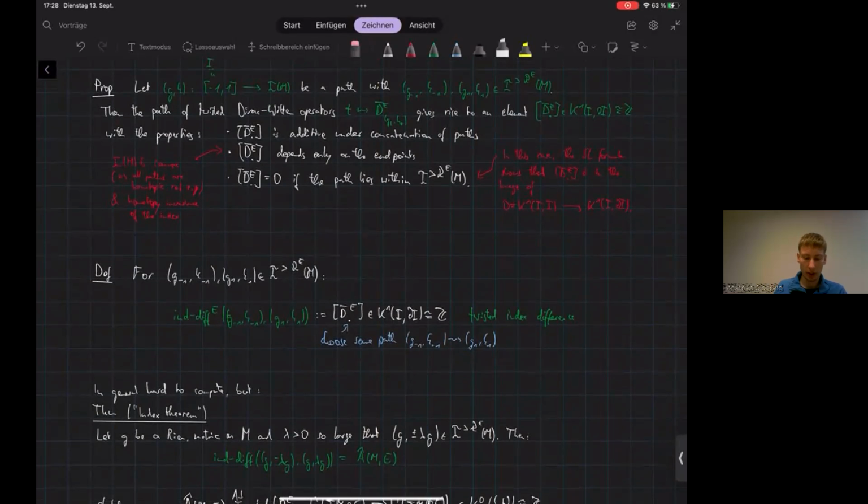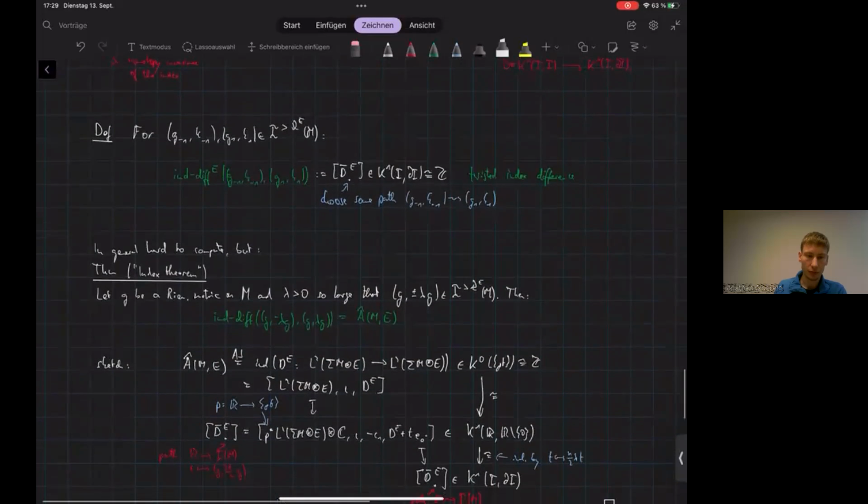And in general, this is a mysterious object, and we know hardly anything about it, but there's one case where we can calculate it. This is done by a certain kind of index theorem, which is the following.